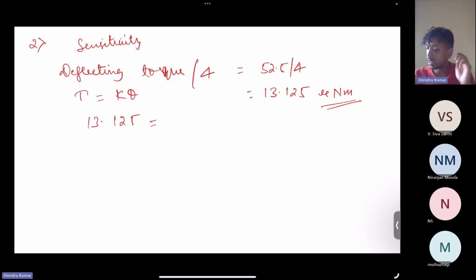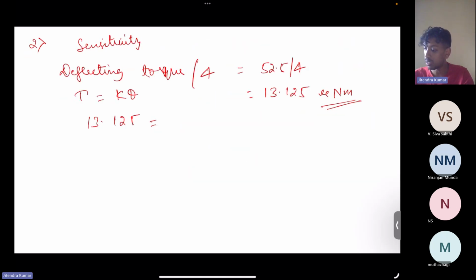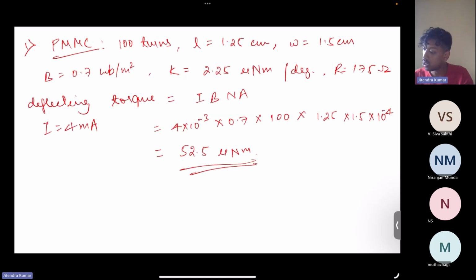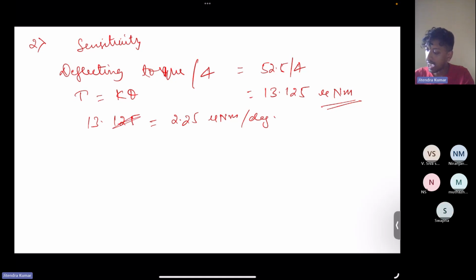So torque is this much. K we know. K is mentioned in the question. How much is the K? It was provided. It is 2.25 micronewton meter per degree. Bring, or carry, units also along with your numerical value.